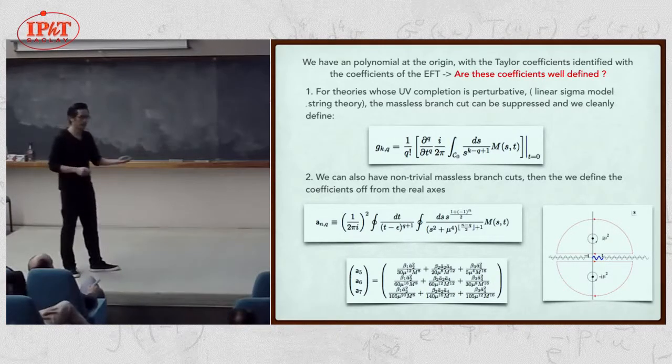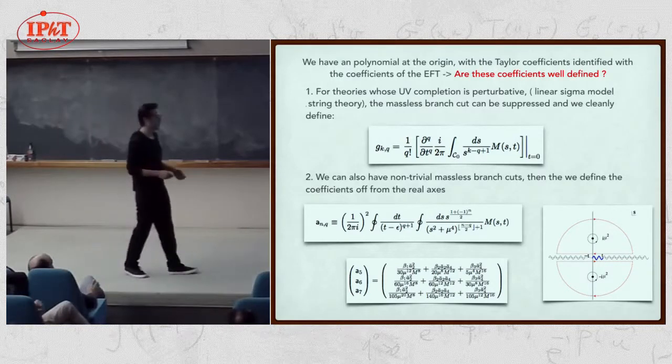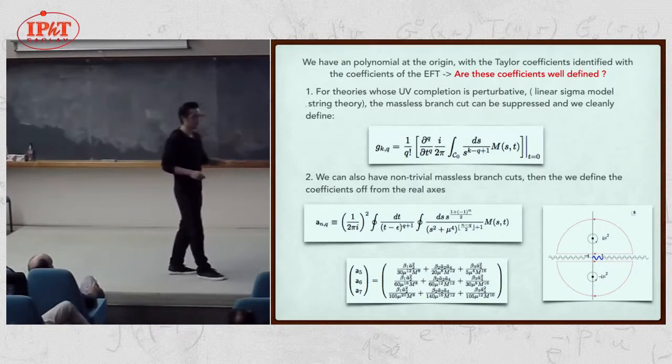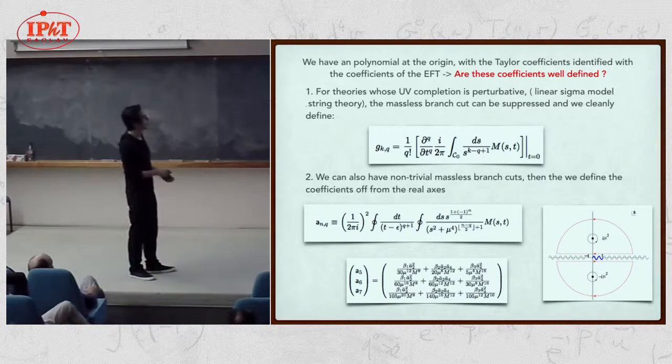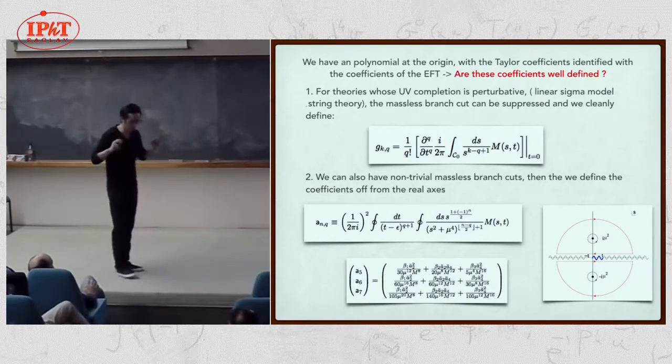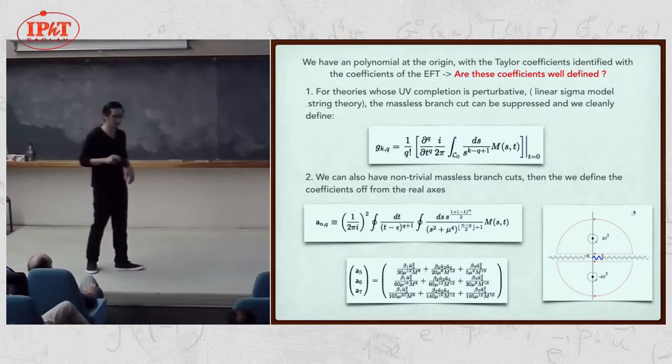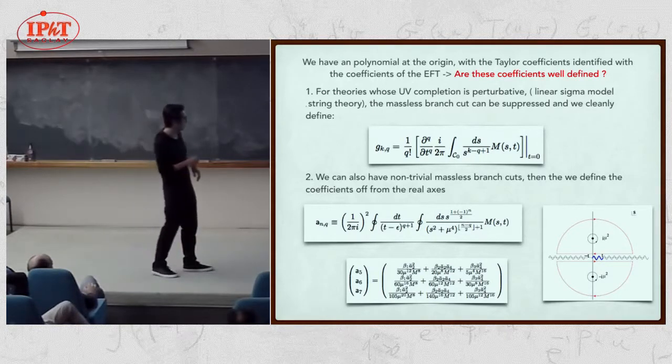If you don't have this perturbative parameter in the UV, then you just have a direct massless branch cut coming all the way down to the origin. Then in this case, what you can do is just deform your Cauchy integral. So you're defining, in a sense, a generalized version of your effective theory coefficients.